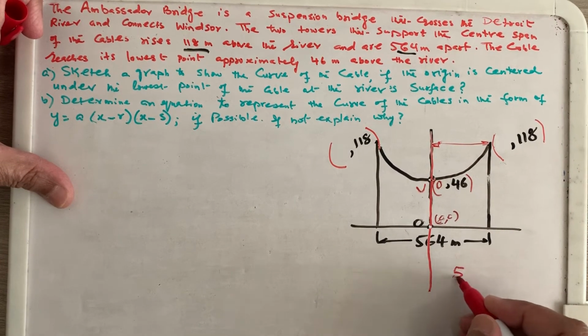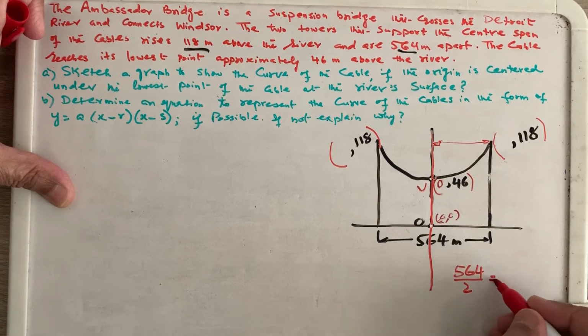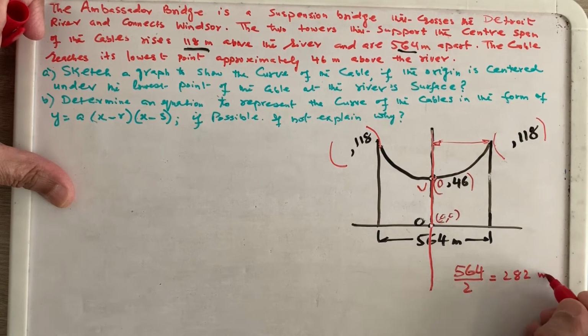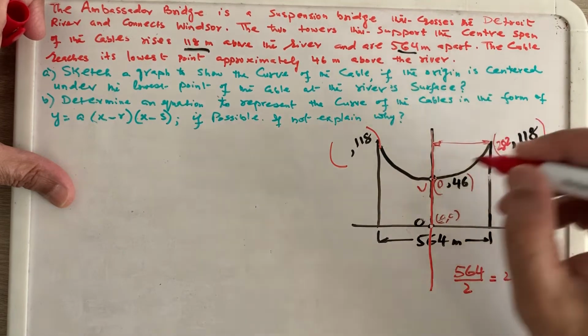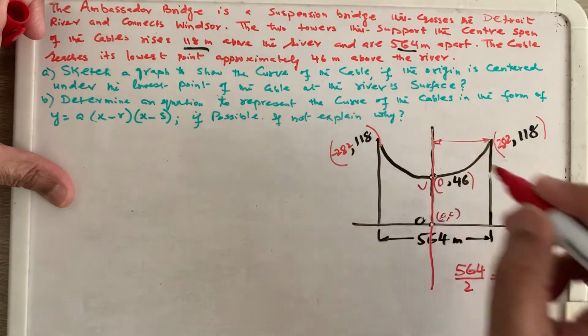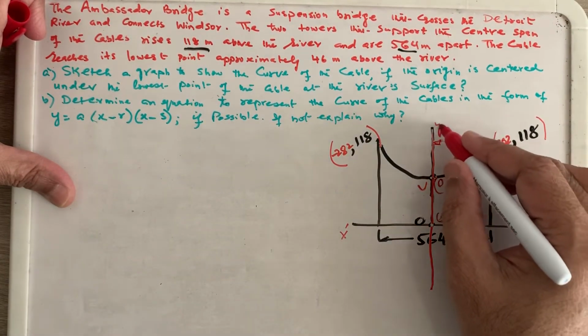So the math you have to do is 564 divided by 2, which equals 282 meters. That means here the x coordinate is 282 and here the x coordinate is minus 282, because this is the x-axis and this one is my y-axis.